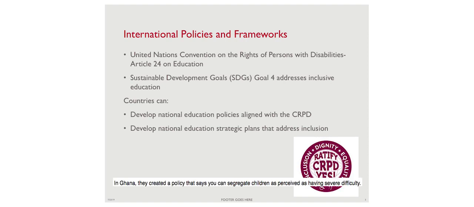In Ghana, for example, they created a policy that says you can segregate children who are perceived as having severe disability. I think that's going to be a problem down the road because it serves as a barrier and as discrimination, versus, say, Liberia, which has a much more inclusive policy. It's probably very unrealistic to meet at this point, but it shows what it's moving towards. National education strategic plans outline how you're going to slowly, progressively get there.